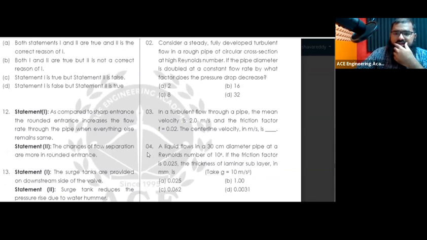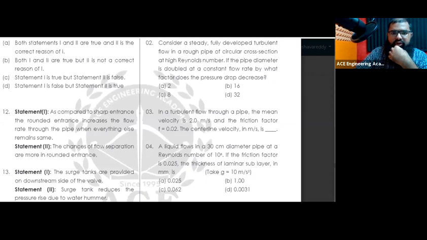Question number 4 from the slide I'm showing right now. This is page number 15 in that particular PDF. The pages, I believe, are jumbled up. Look at this question number 4, please.